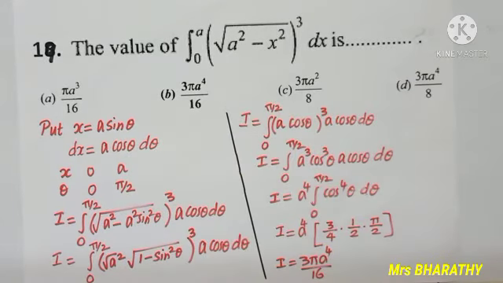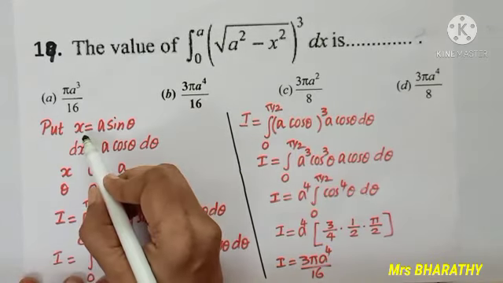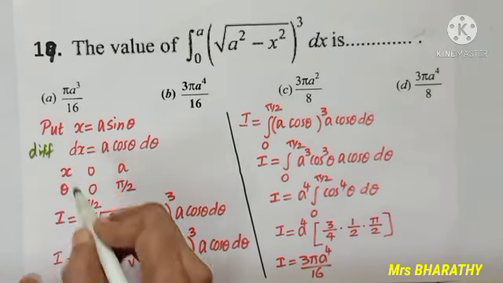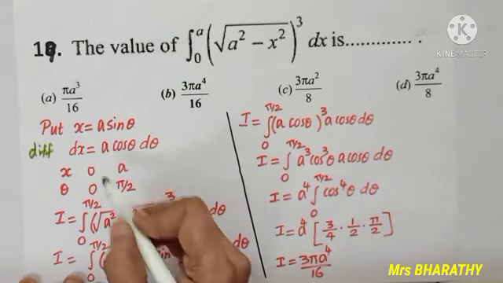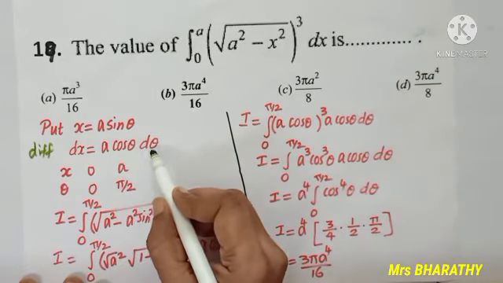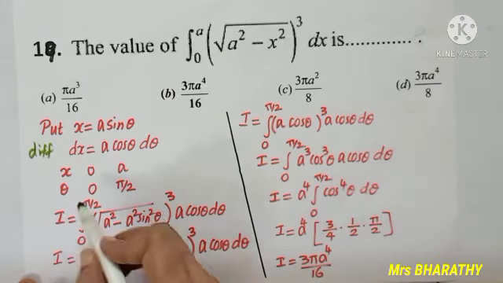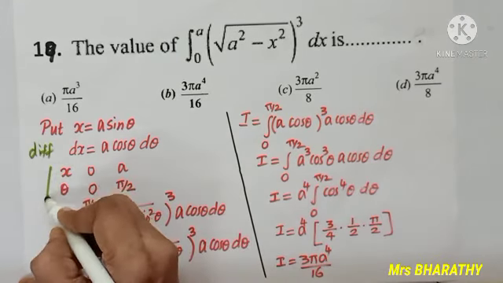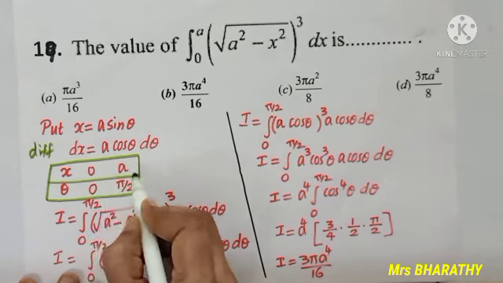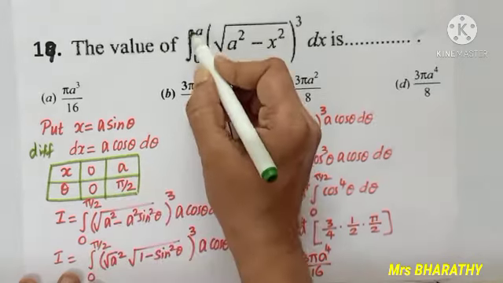Now, whenever I substitute, I need to differentiate. dx becomes a cos theta d theta. Immediately we need to change the limits. The limits of x given in the question are 0 and a.